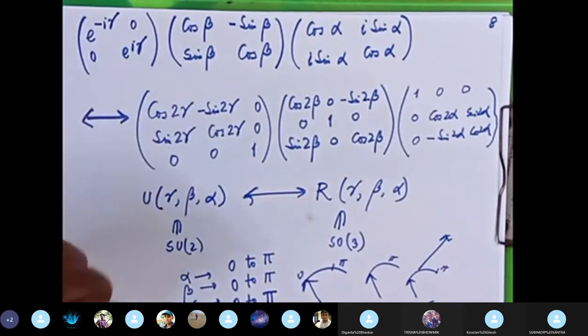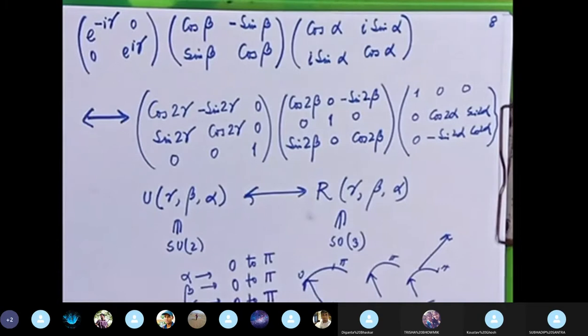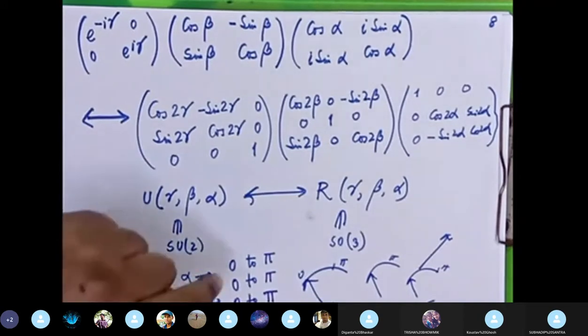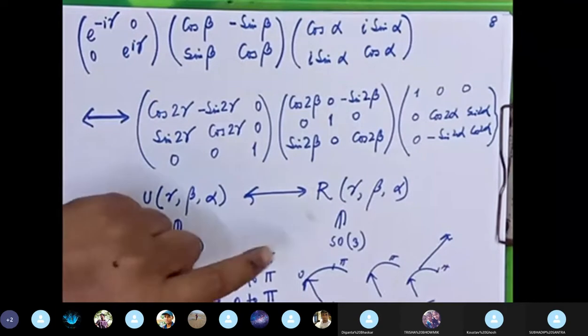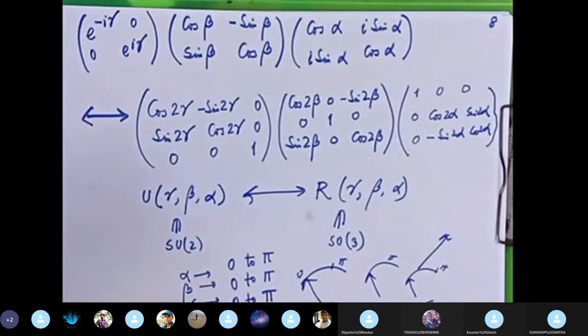That means from identity you are varying, the entire space is being accommodated, and you come back to identity again. So by varying alpha, beta, gamma from 0 to pi, you are generating all the elements of this group SO3. No element is left. For each value of the parameters within your range, there corresponds one element.